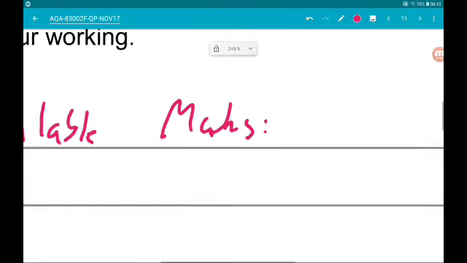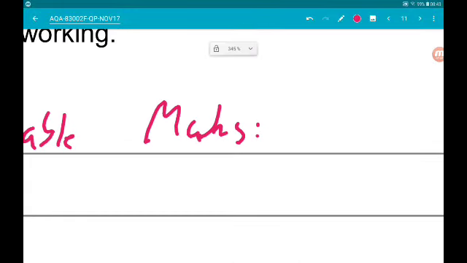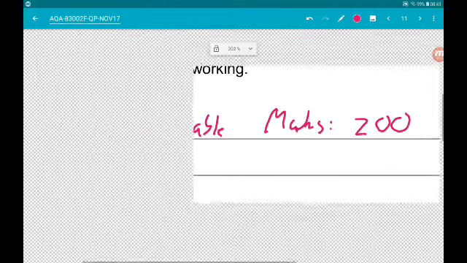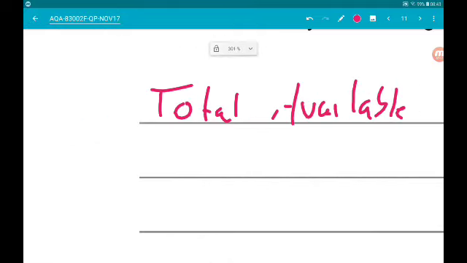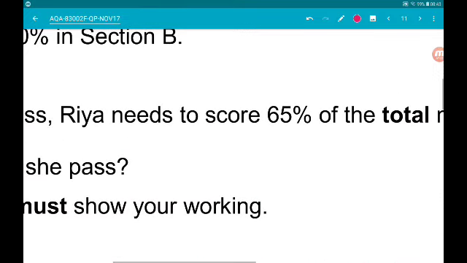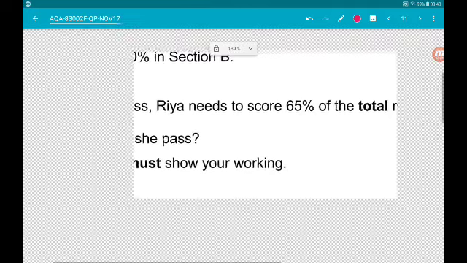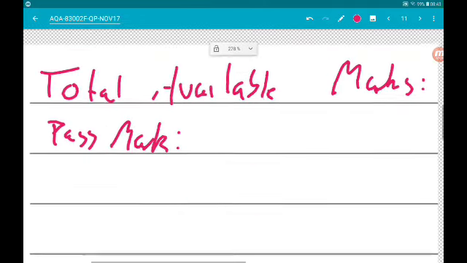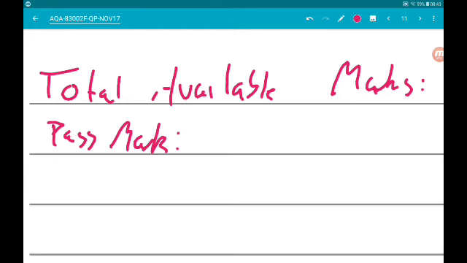So that's 200. Now the pass mark is, she needs to score 65%, so we need to find 65% of 200.